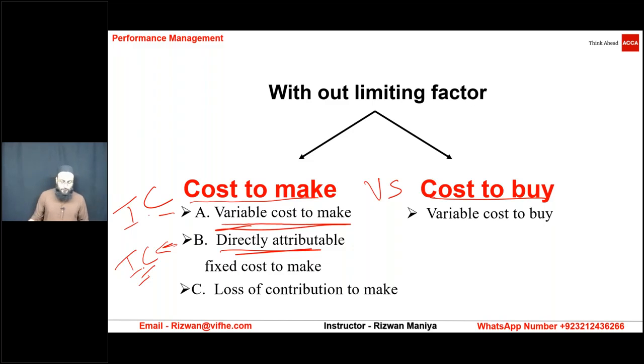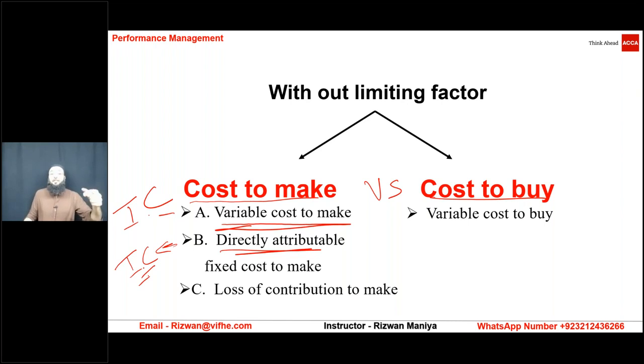Connecting this with rule of 5, sorry, rule of 6. Loss of contribution to make. Now, what is this? For example, if you are making a product in-house and you are using one machine because of that, that machine is capable of doing some other work as well. Or I would say you can even outsource that machine to some third party and you can take a rent on that maybe, or you can earn contribution on that. So if you're making a product in-house and you're using that particular machine, so what are you losing?